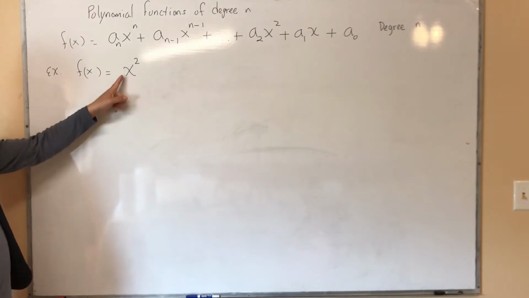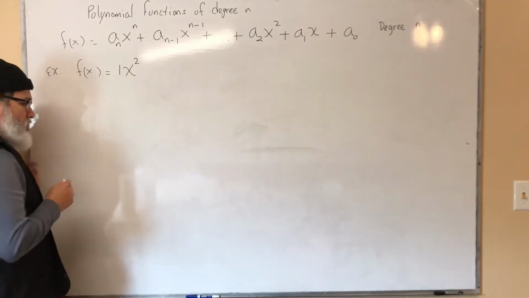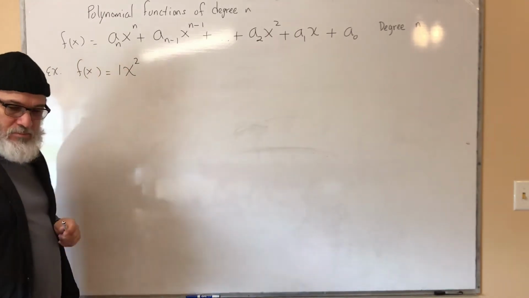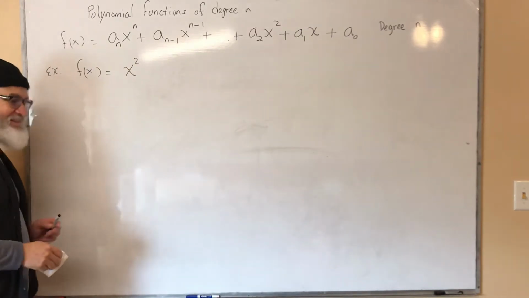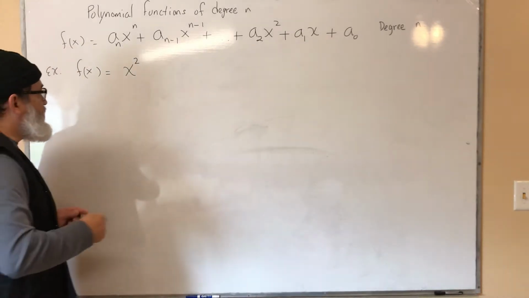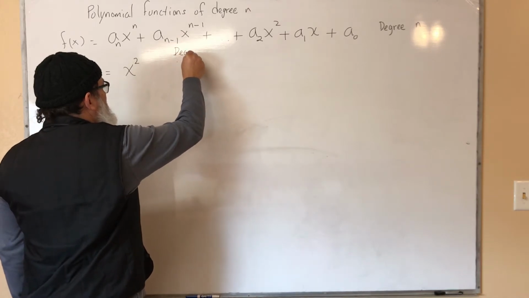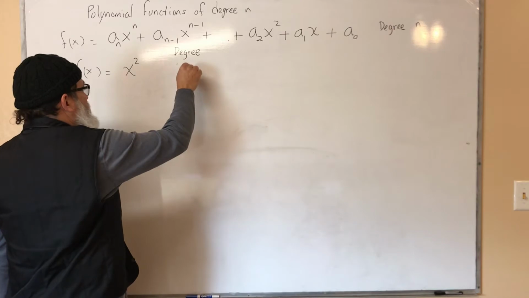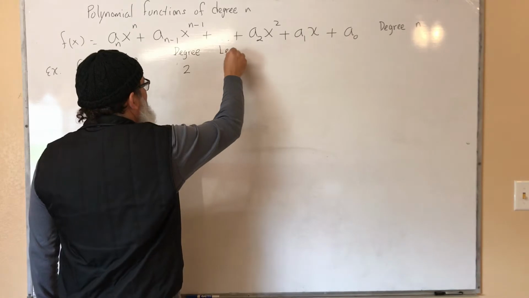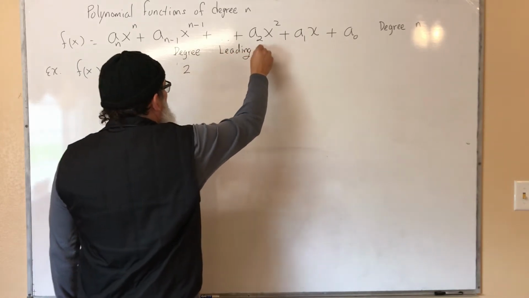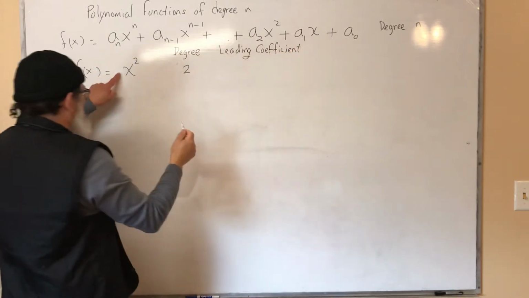By the way, the leading coefficient is 1. There's a 1 there, but we don't have to show it. It is understood that that's a 1. So this is degree 2, that's the power, and leading coefficient of 1.